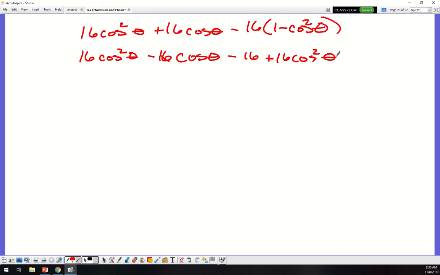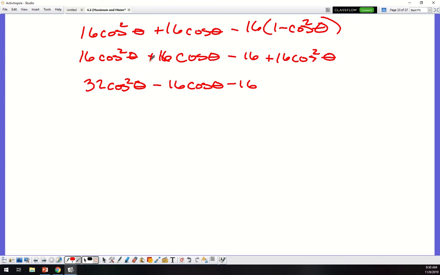Okay, so do the math. Combine like terms, so it's going to give me 32, right? Say yes. Okay, so I have 32 cosine squared theta, right? Minus 16 cosine theta minus 16. Plus 16 cosine? Yeah.